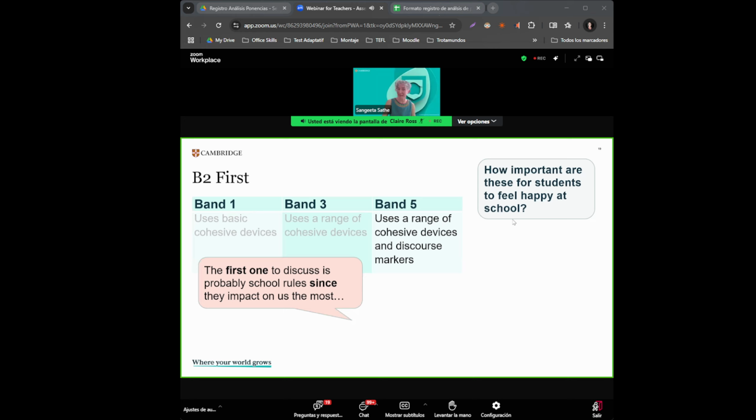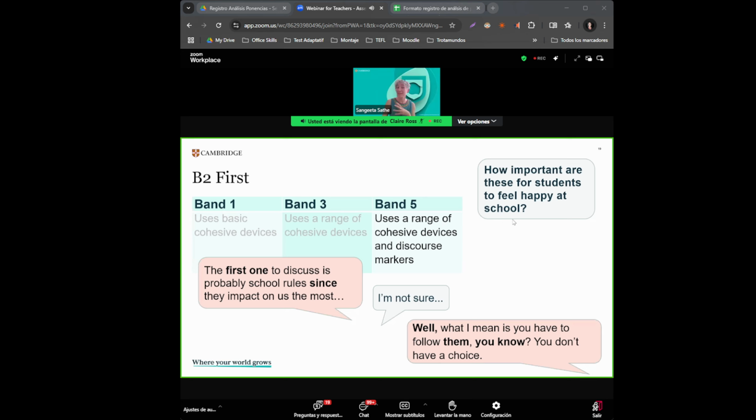At band 5, again, we have pronouns, one, since, the connector there. But we also start to see these discourse markers like, well, you know, adding a bit more meaning to that conversation, okay? So we've talked about bands 1, 3 and 5 because this is what's described in the criteria.